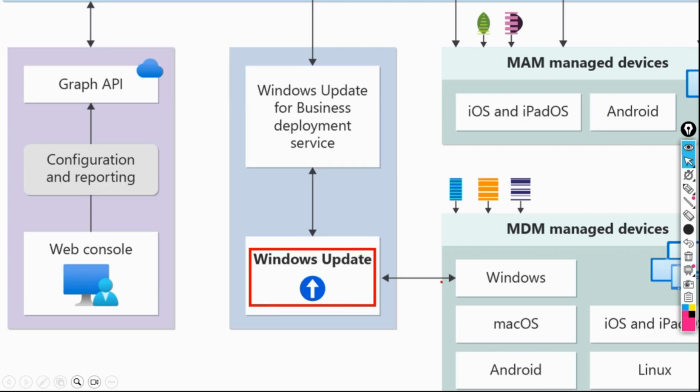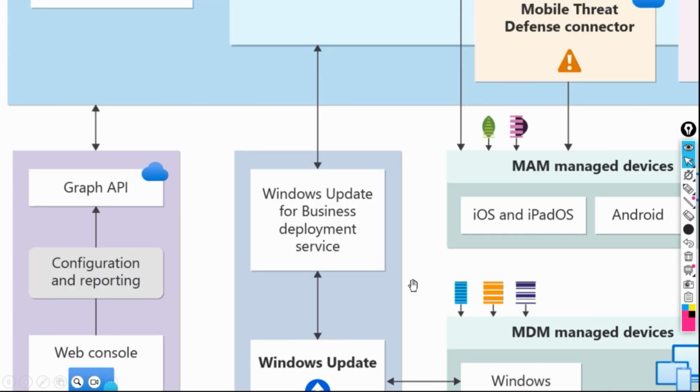You can directly connect Intune to your catalog, and it can be over the internet. It can download these updates, and it can push them to your Windows machines. Okay, so that is the integration part, and this is what I was talking about, Windows Update for Business Deployment Services.